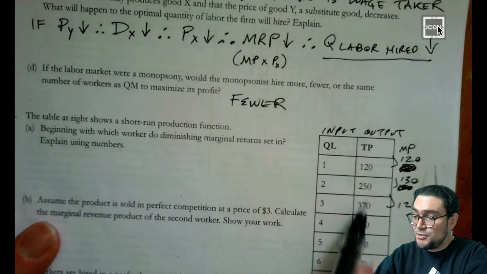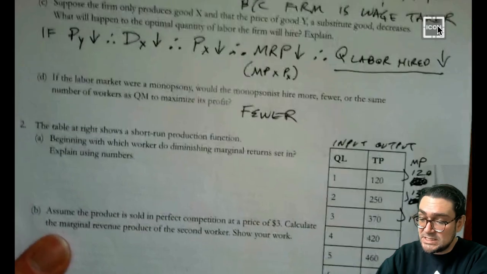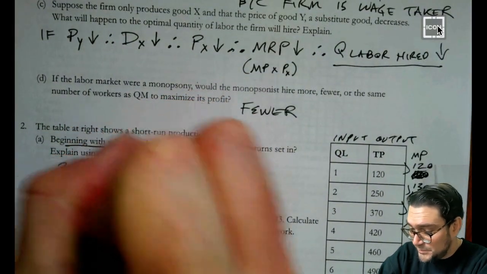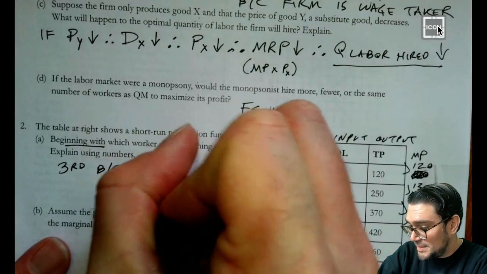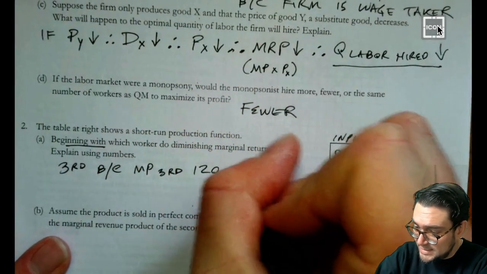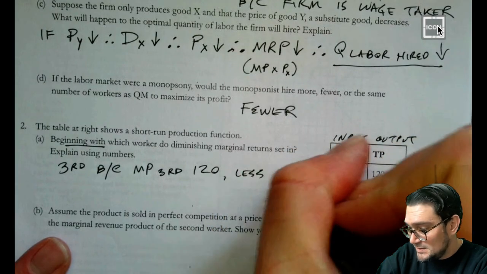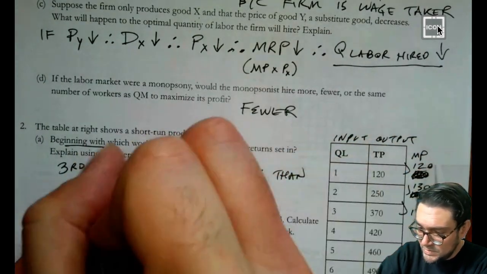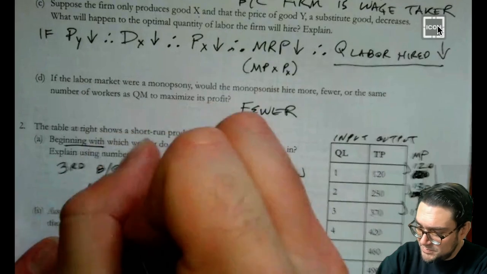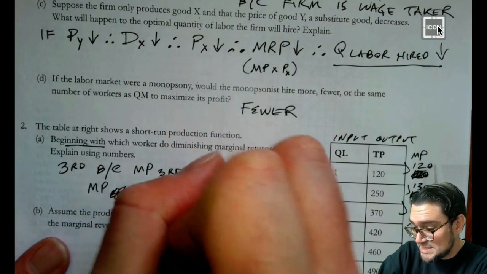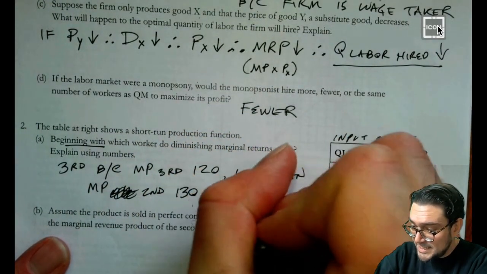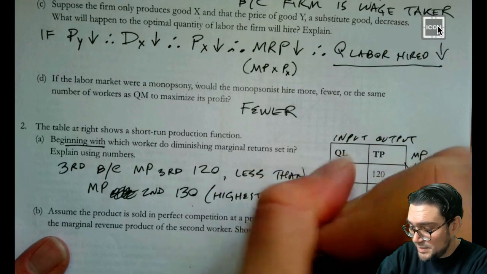So the first worker where marginal product decreases is the third, because the MP of the third is 120, and that's less than the MP of the second, which is 130, and that's the highest MP.